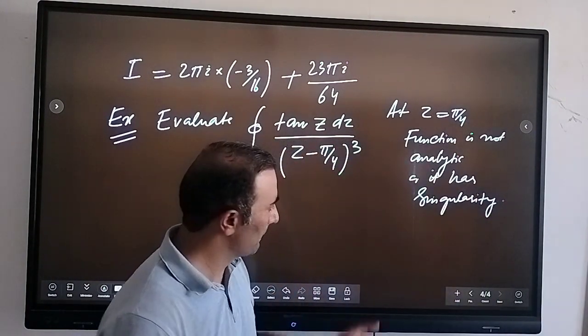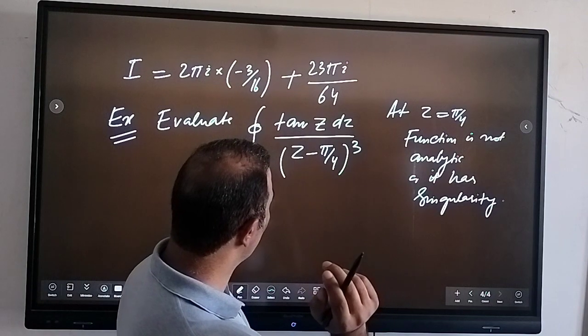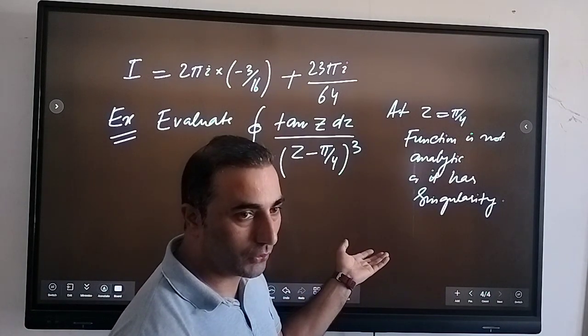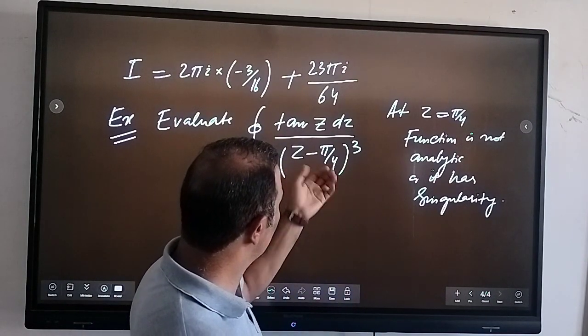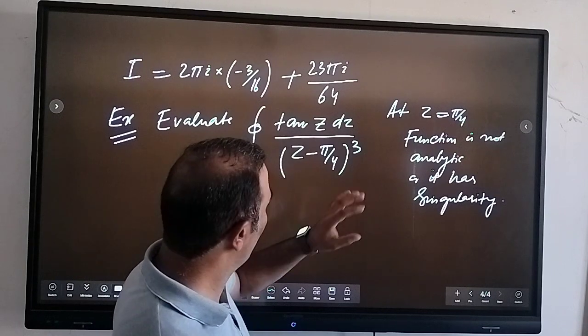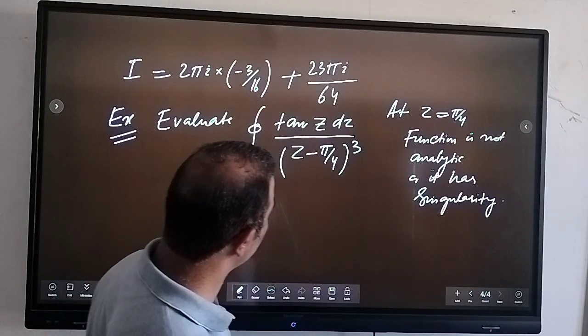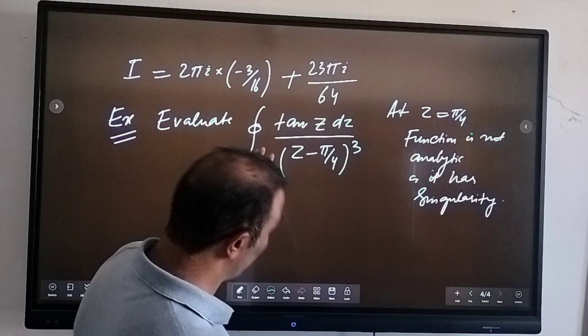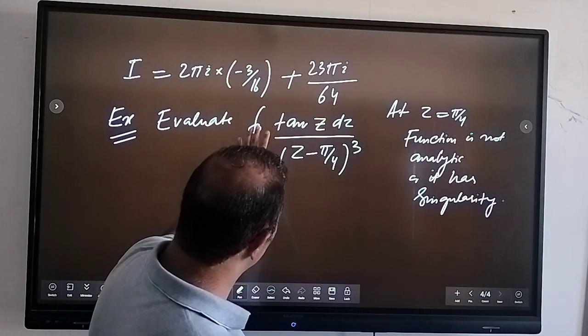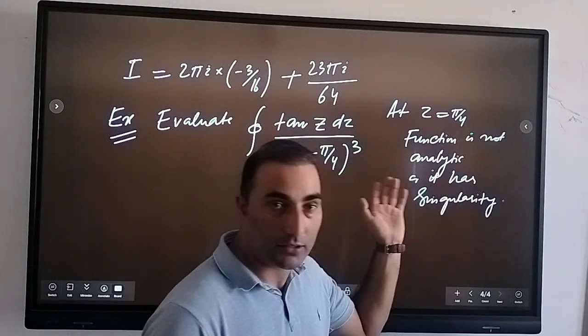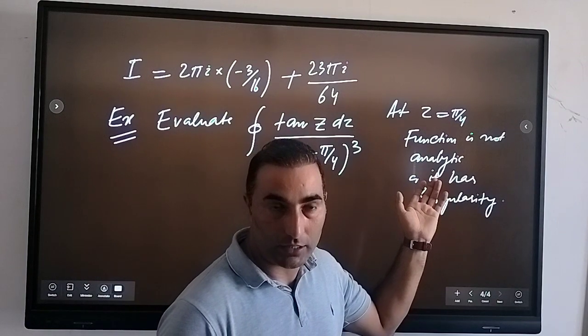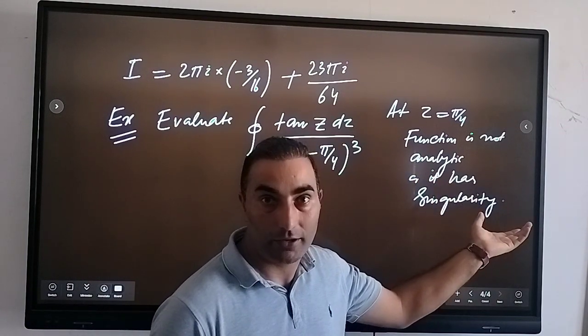So at z equal to 4, you need to integrate this equation, right? So you use the nth order derivative of these analytic functions.